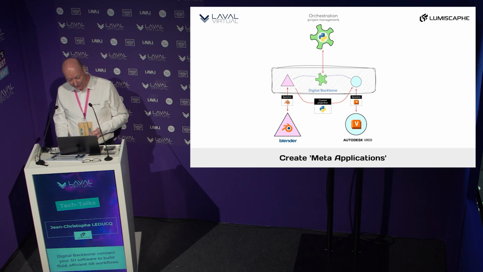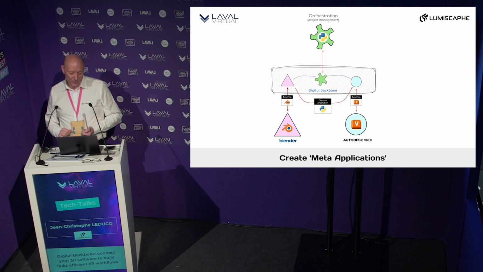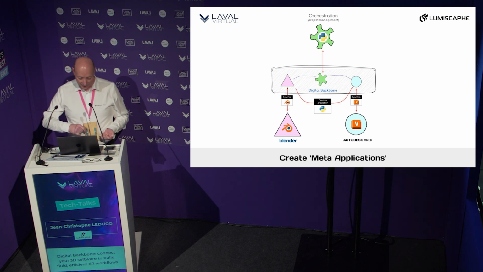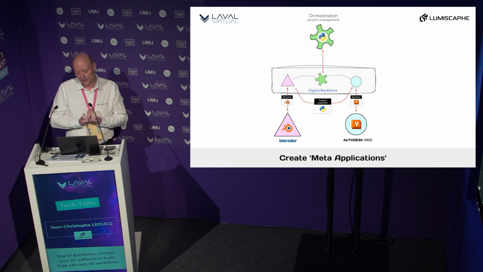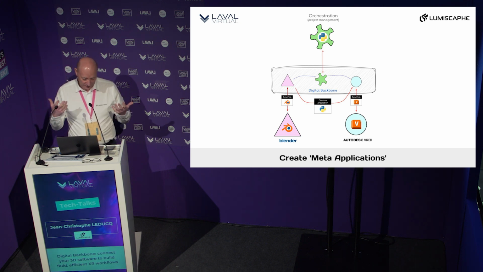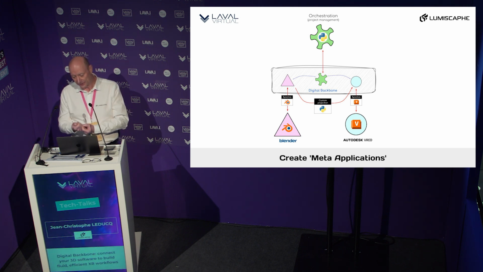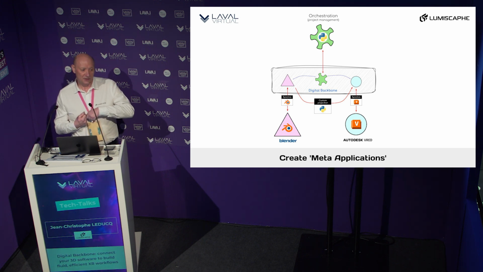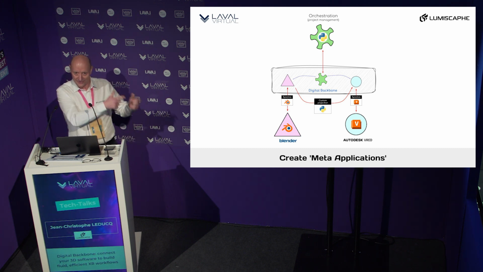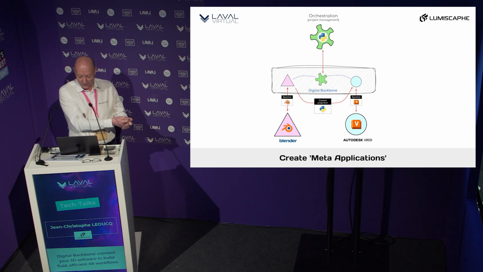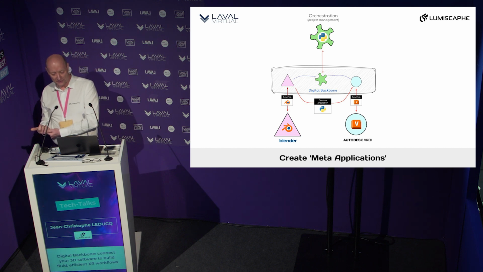Another benefit is that, for example, we have Blender on the left and a VRED dataset on the right, and all data stored in the Digital Backbone are of the same class, the same type. So I can natively reference from my dataset a Blender dataset or a subclass of a Blender dataset, and the same for VRED.